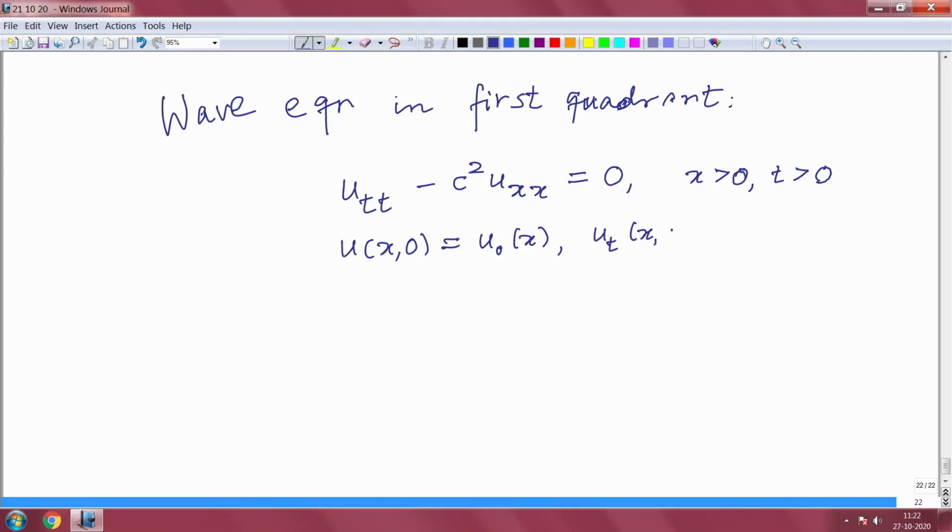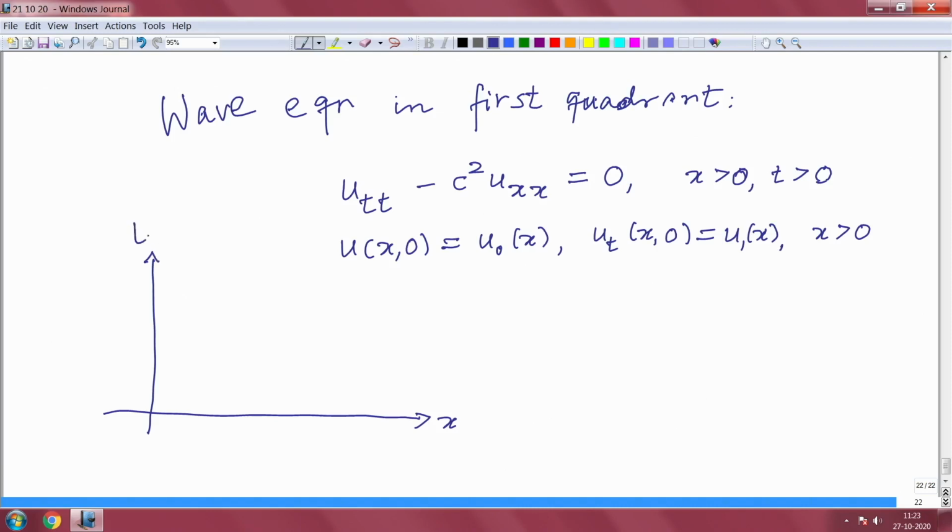By just translation, the solution formula can be derived. But now only x is positive. Let me draw this domain where we are interested. This is the x axis and this is the positive t axis. We are interested in finding the solution in this first quadrant, x positive, t positive.